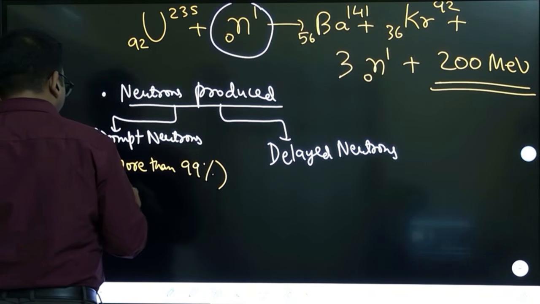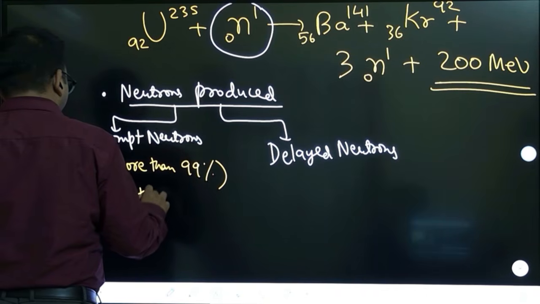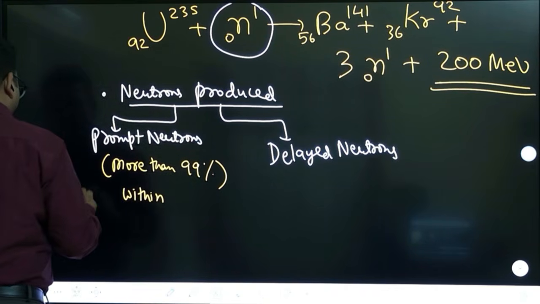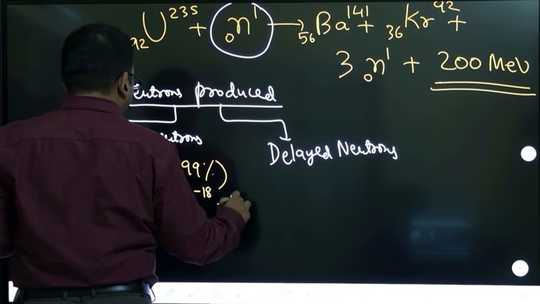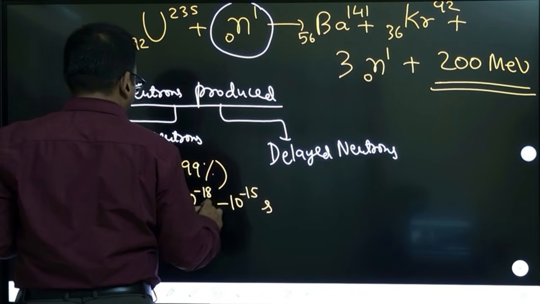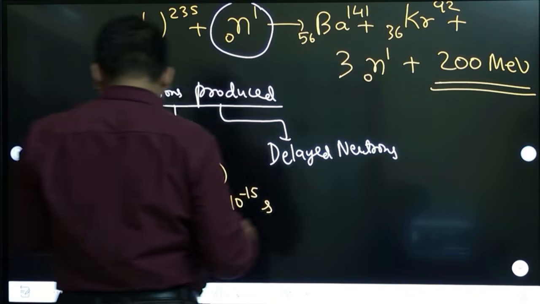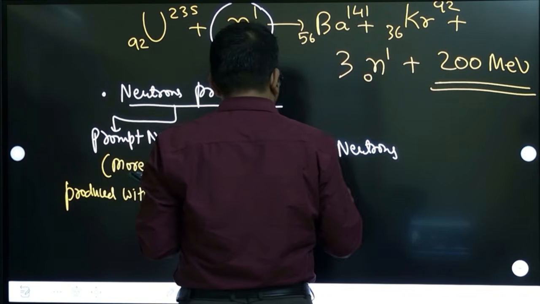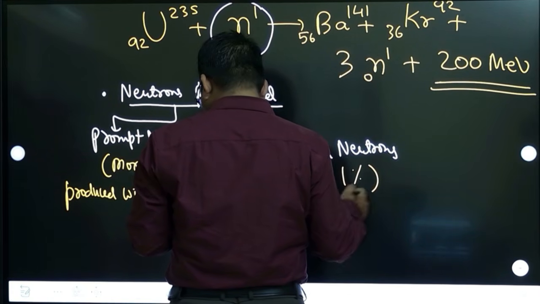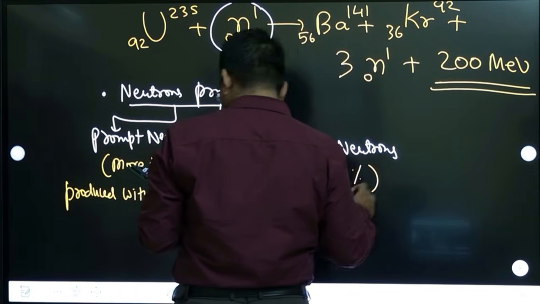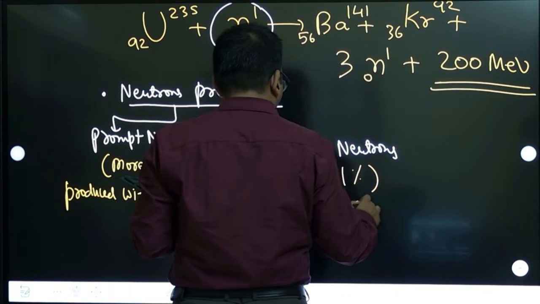Prompt neutrons are produced within 10 to the power minus 18 to 10 to the power minus 15 seconds. Very fast it is produced, and delayed neutrons are almost 1%, and they are delayed, that's why the name. They take time.